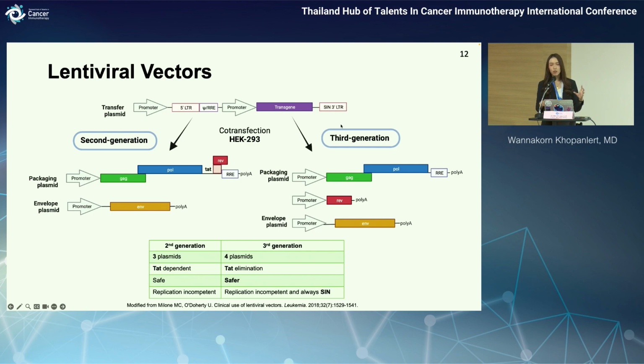So overall, the 3rd generation is claimed to be safer than the 2nd generation. However, it can be more difficult to use because of the lower viral titers due to the additional plasmids, too many plasmids in the 3rd generation.